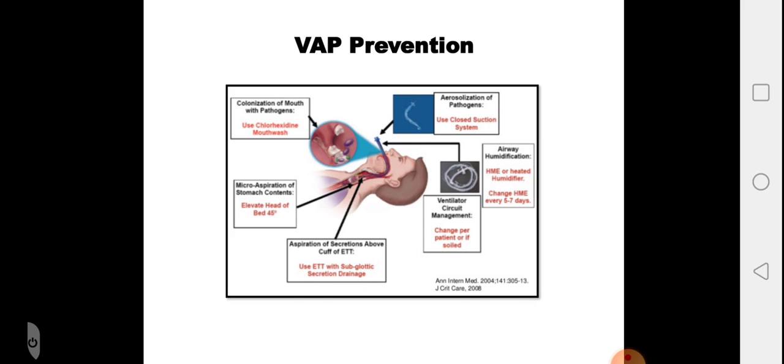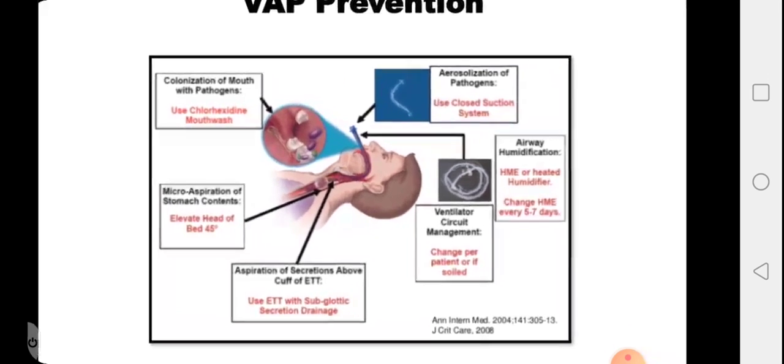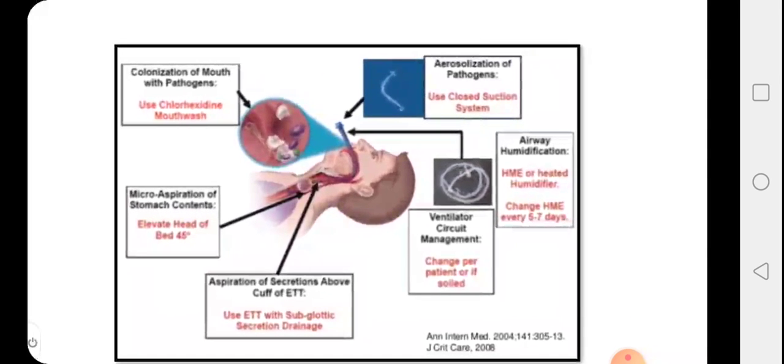Looking into the prevention, prevention can be done by routine or daily chlorhexidine mouthwashes, because there's colonization of flora in the mouth. Next, we can prevent microaspiration of GI contents by elevating the head up to 45 degrees.